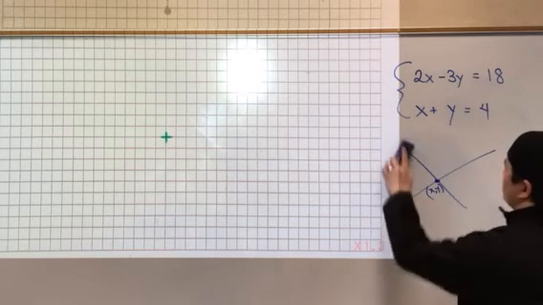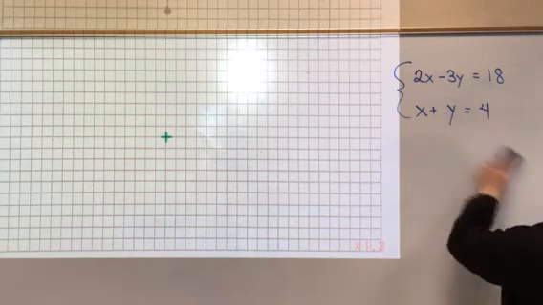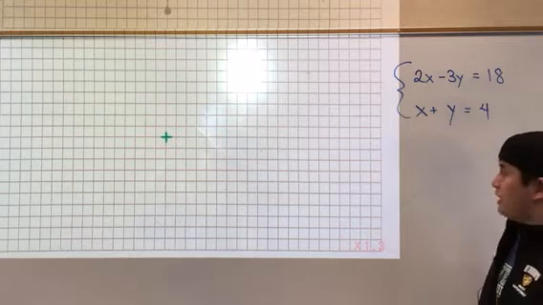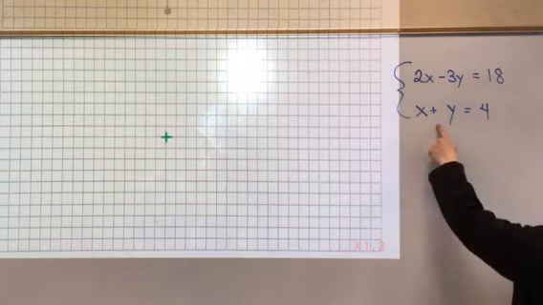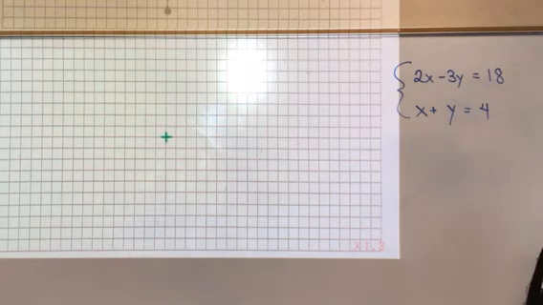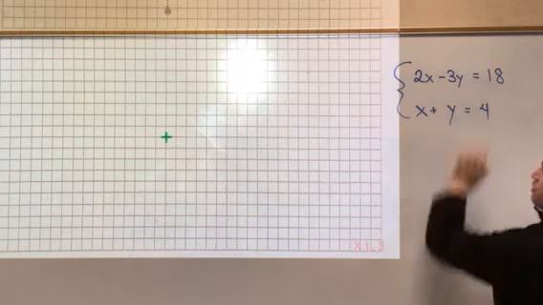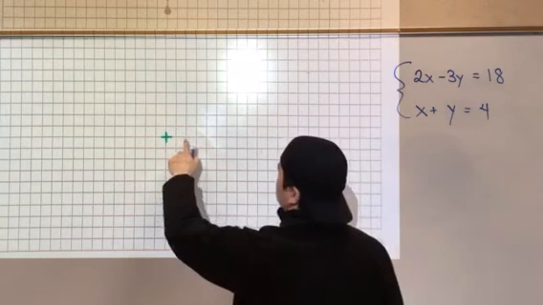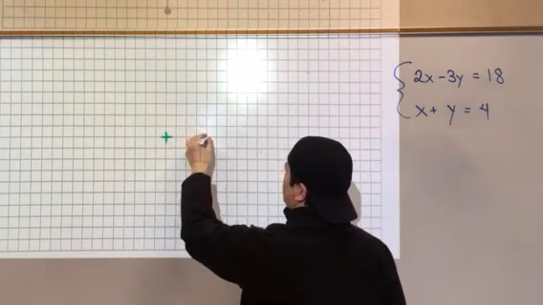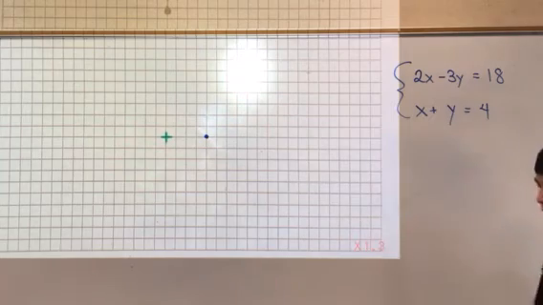So let's go ahead and graph this. I'm going to graph this by intercepts. I've got x plus y equals 4. So to find the x-intercept, I set y equal to 0. When y equals 0, x is equal to 4. So at 1, 2, 3, 4, I've got an x-intercept. I'm going to do the same thing with the y-intercept.